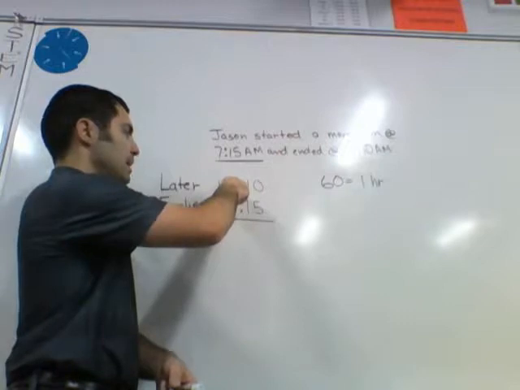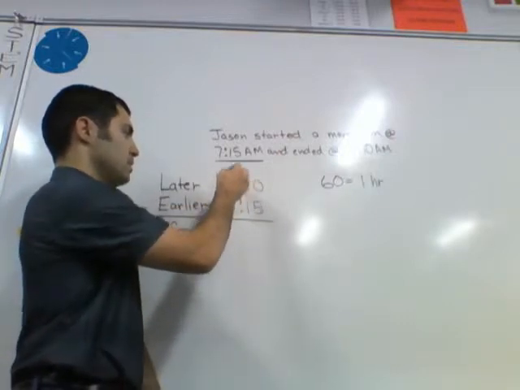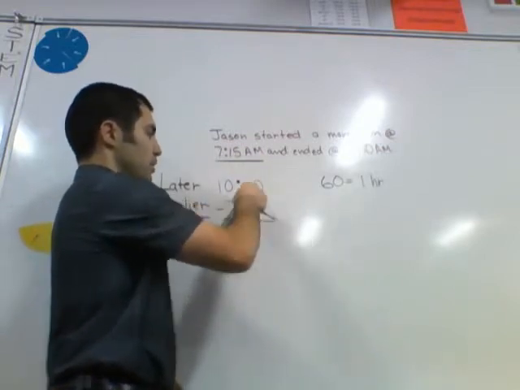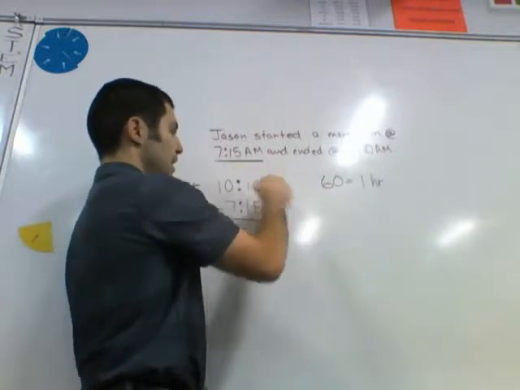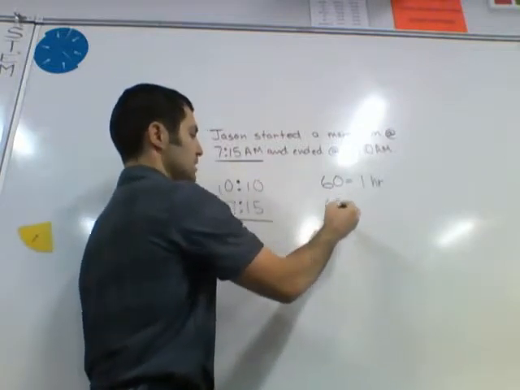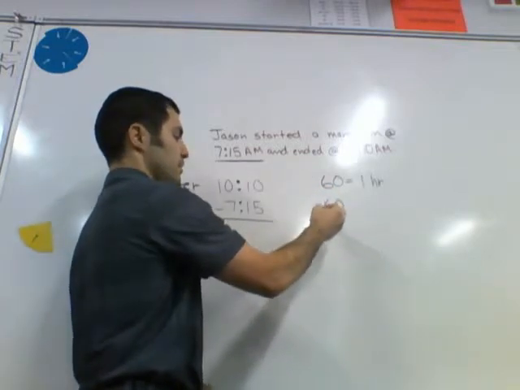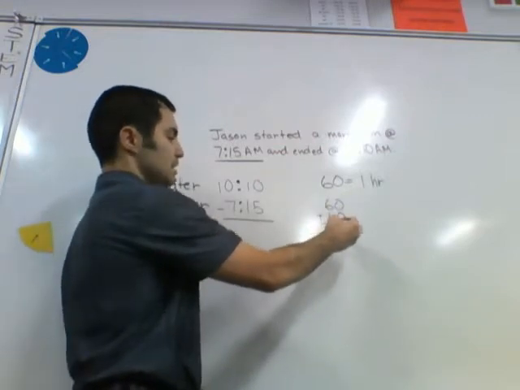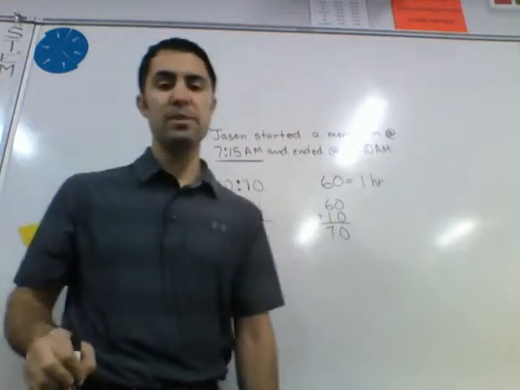So I'm going to take an hour away from this side of the time and take 60 minutes, which is an hour, and put it over here. But we already have 10 minutes, so we take 60 plus the 10 minutes we already have. So 60 plus 10 is 70. So now it will be 70 minutes.